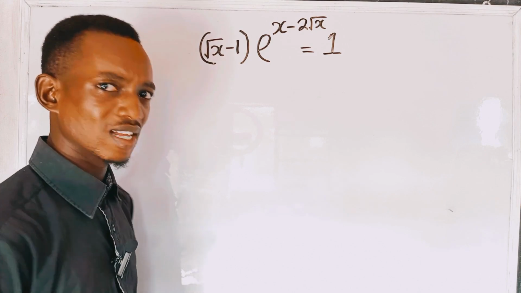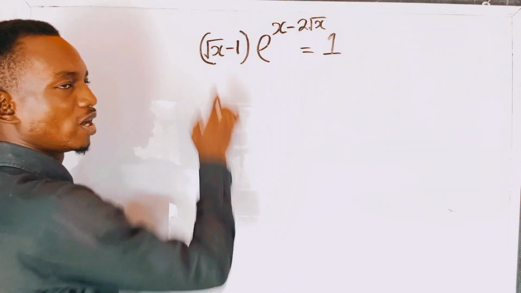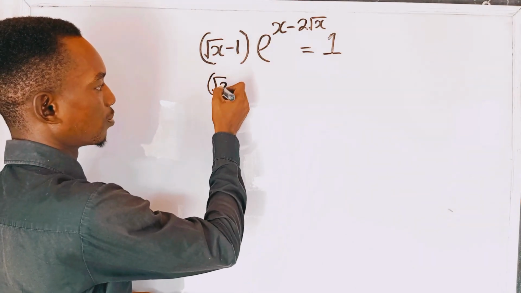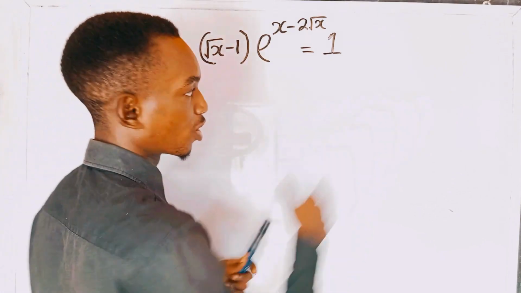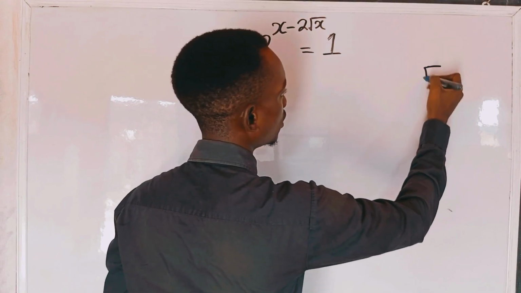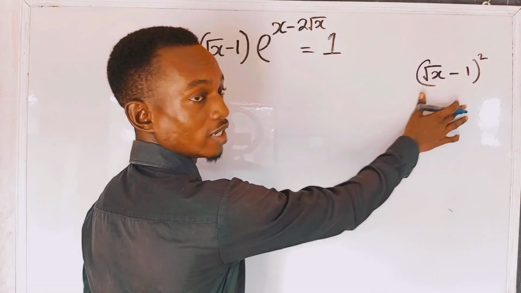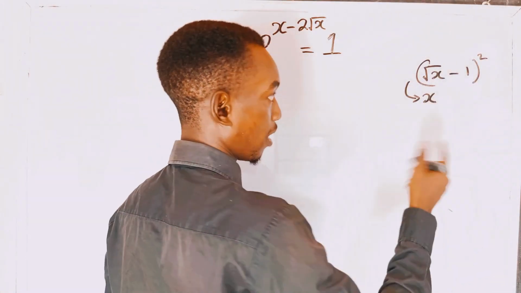So what I'm trying to say, in case you are still confused, is that we can actually get this by squaring this. If we square root x, for example, let me do it here. This one is meant for the solution. Let's say that we square root x minus 1, for example. When we square this, that will give us alpha squared plus beta squared minus 2 alpha beta.